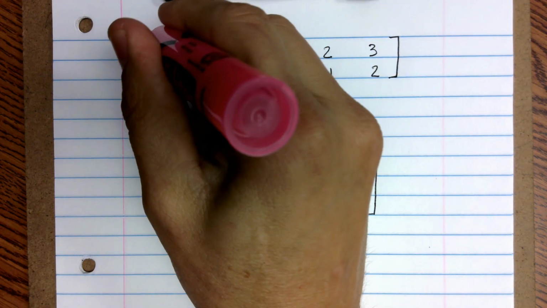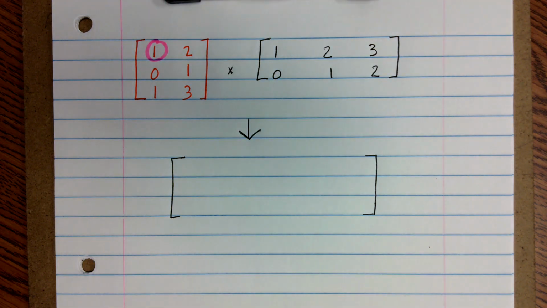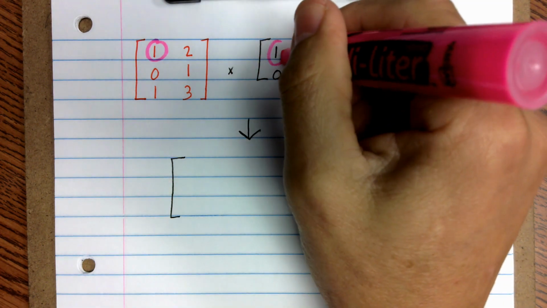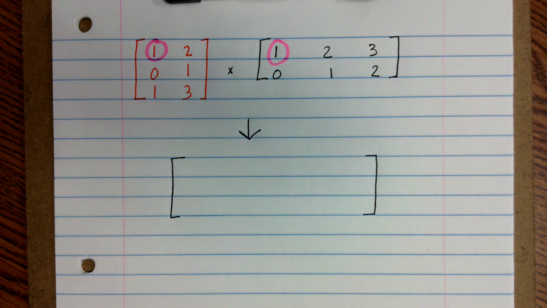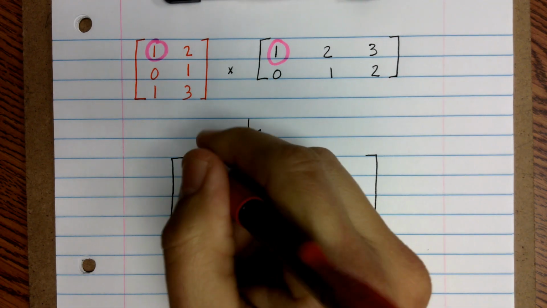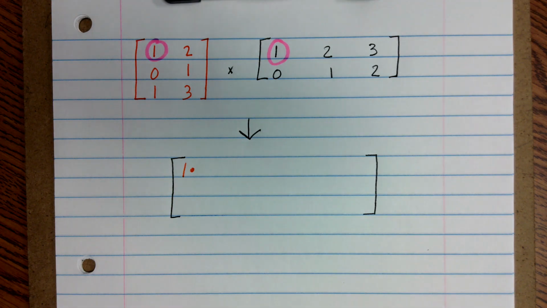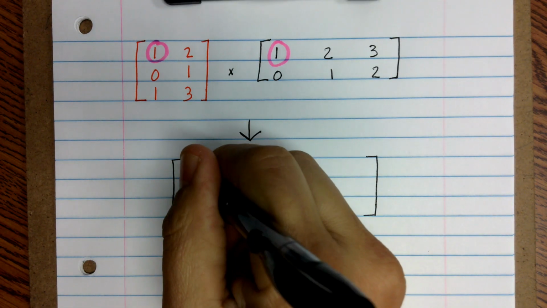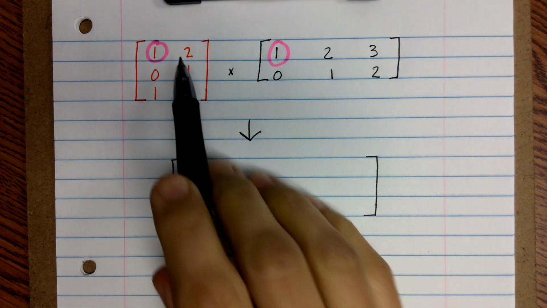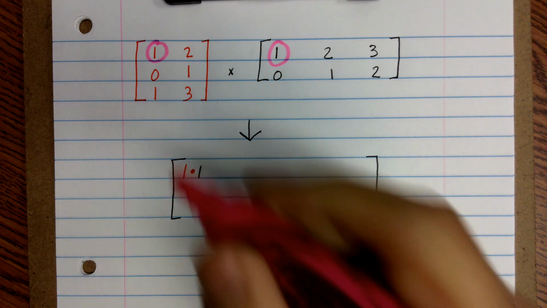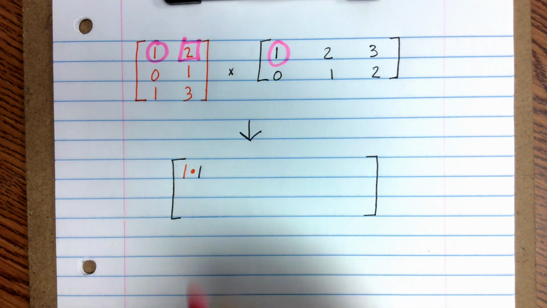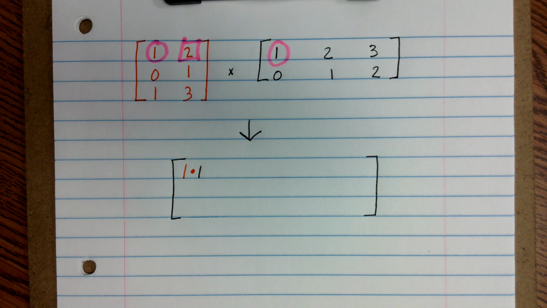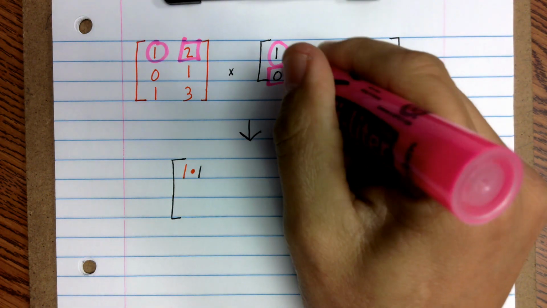I'm going to take this 1 and I'm simply going to multiply it to this 1. So I end up having 1 times 1. Then I'm going to take this 2, put a box around it, and multiply it to this 0.